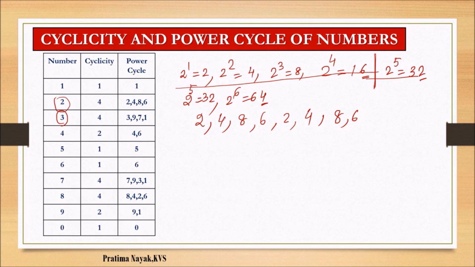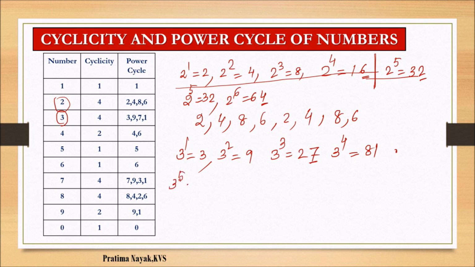Similarly, coming to 3. 3 power 1 is 3, 3 power 2 is 9, 3 power 3 is 27, so the end is 7, 3 to the power 4 is 81, 3 to the power 5 is 243, so again 3 is repeated. 3 to the power 6 is 729, so it is repeated.